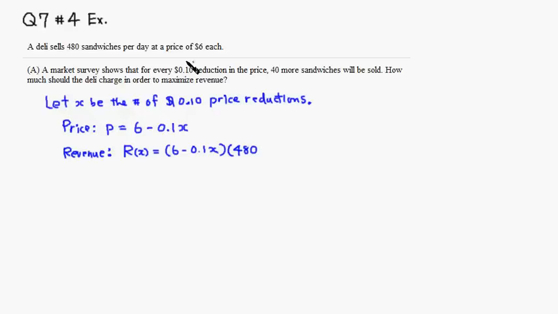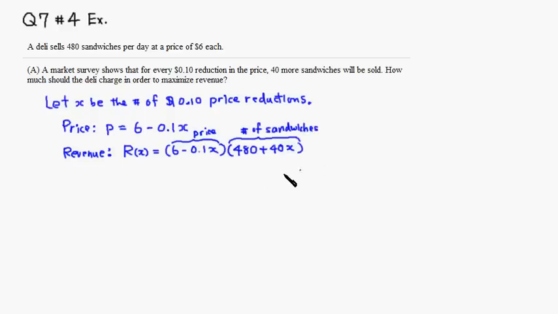If you do x 10-cent reductions, then you're going to be able to sell 40x more sandwiches. So you can see that this part right here is definitely the price, and here is the number of sandwiches. So this will give us the revenue.